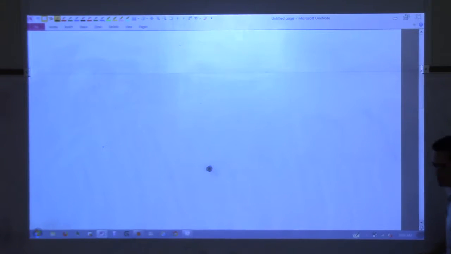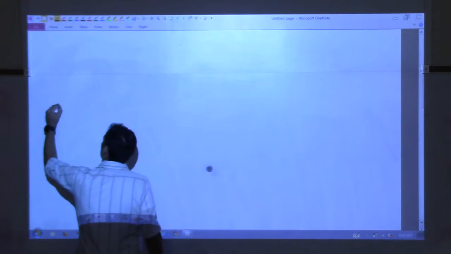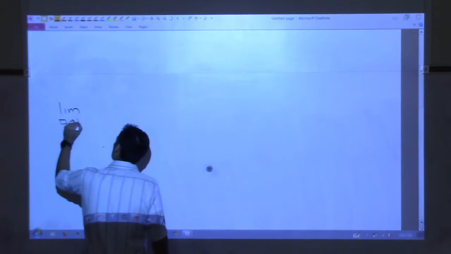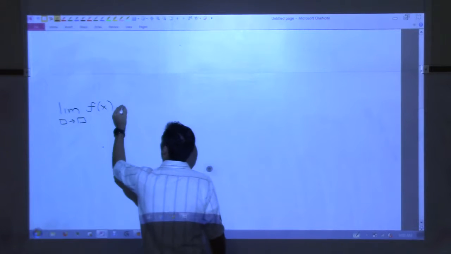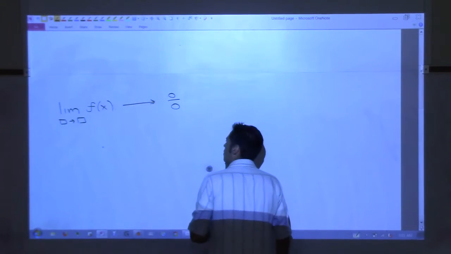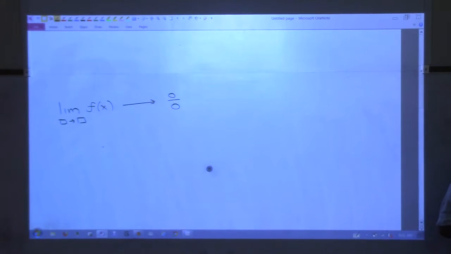What we had last time was we were trying to evaluate some limits of some functions. We've looked at what happens when we get 0 over 0, and what do we do when we see that?